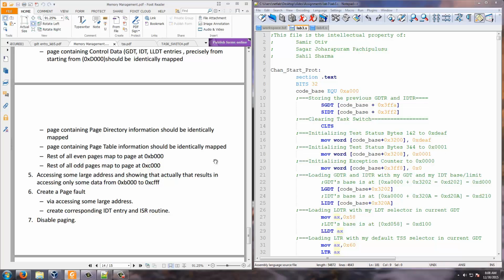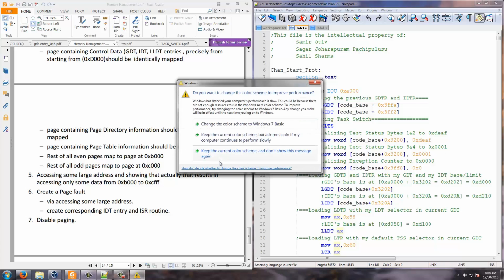For example, if the page containing the code, namely 0x8000 to 0xAFFF, which actually enables paging, is not identically mapped, then the moment you enable paging, the next instruction to be executed will be translated and will go to some other page.